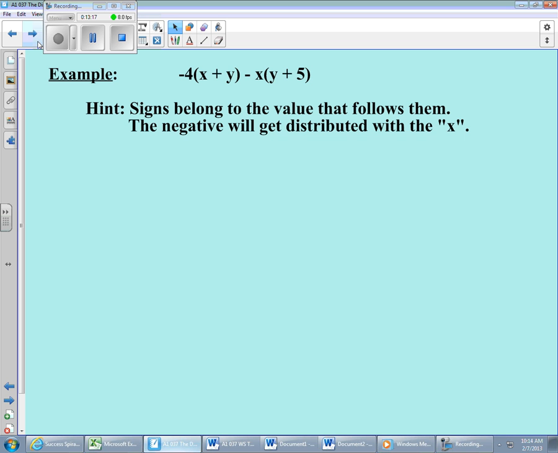For this problem, that means that the minus sign in the middle of the problem belongs to the x, and wherever the x goes, the minus sign is going to go also. It seems like every year they ask us a question that is structured just like this one, and that's why people miss it. We forget to send the negative along with the x when we distribute.